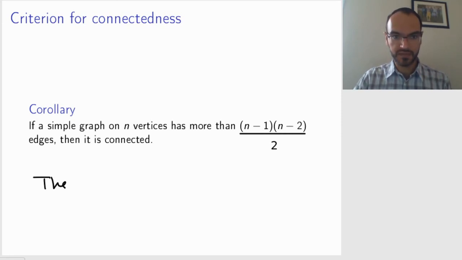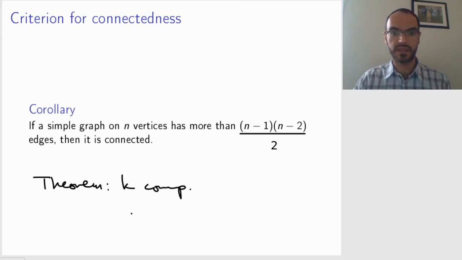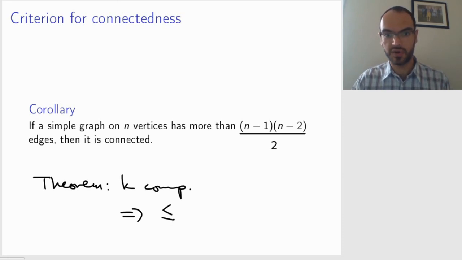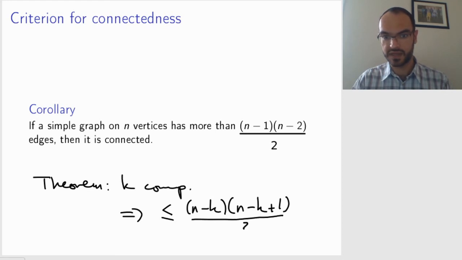Well, the theorem tells you that if it has k components, that means that it will have no more than n minus k times n minus k plus 1 divided by 2 edges.